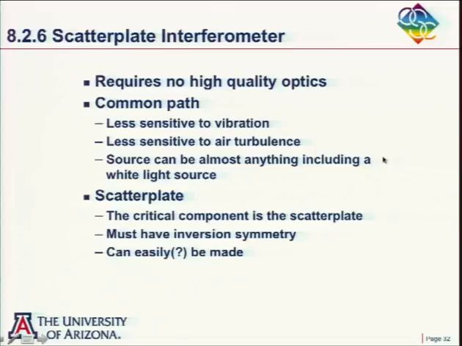It doesn't require much temporal coherence. We'll talk about that also. It's amazing. The scatter plate is going to be the critical component, and we'll talk about why it has to have inversion symmetry. And we'll even talk about how you can make one of these. It's fantastic. So let's go on.